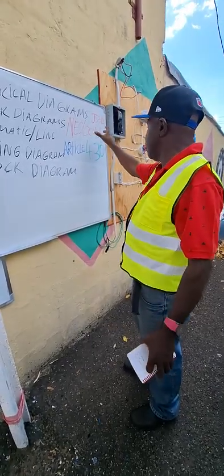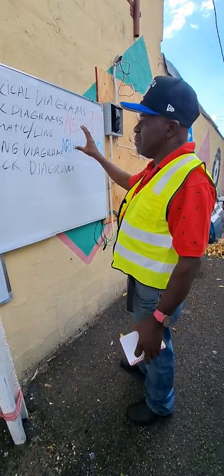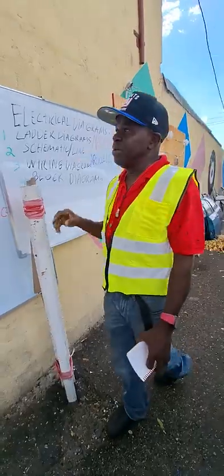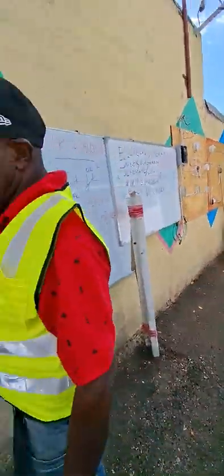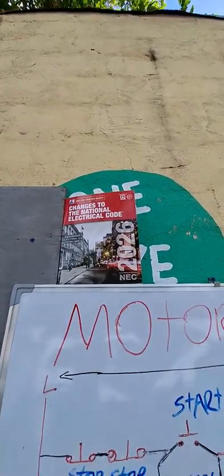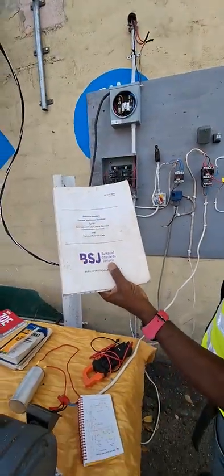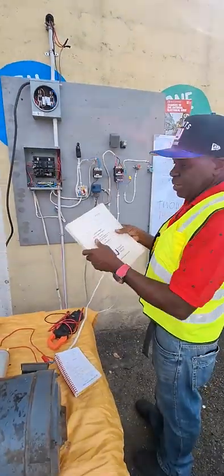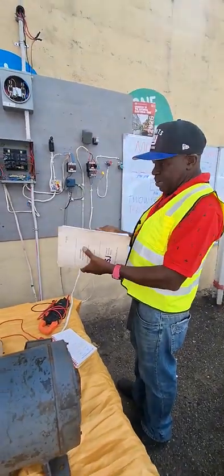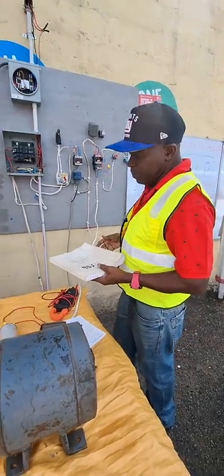So consult the National Electrical Code, Article 430, where they deal with motor control. We have the National Electrical Code up there, and the JS316 here, which is really directed to Article 430 for anything to do with motors.